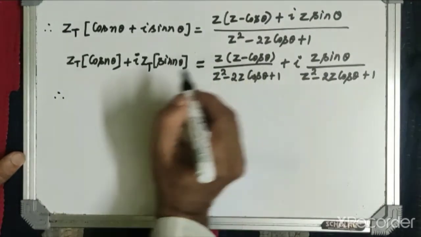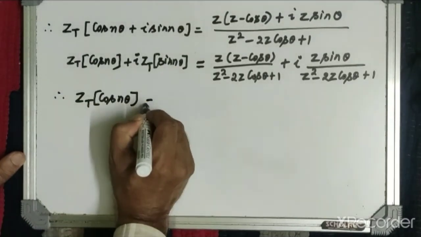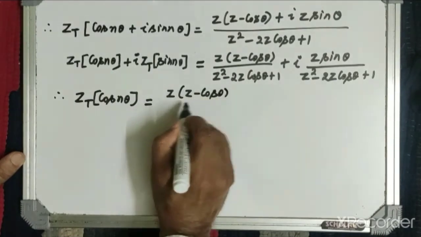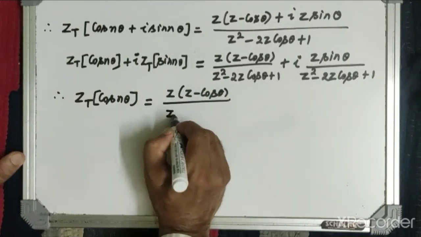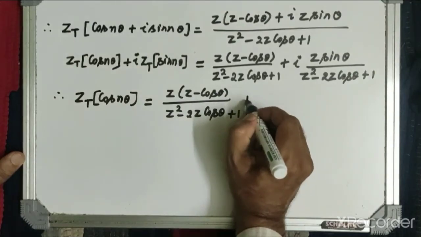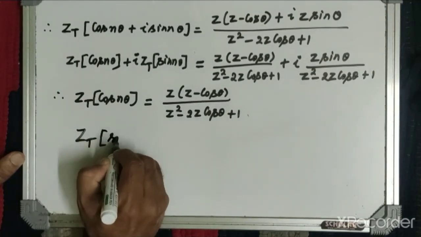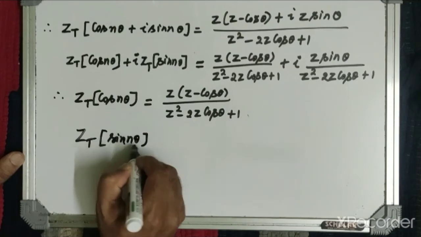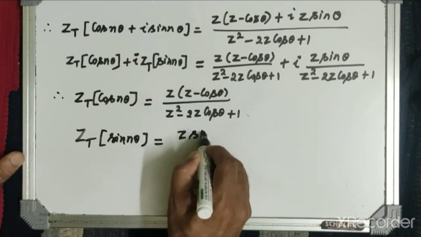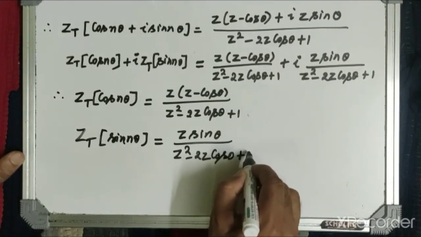So from this we obtain the Z transform of cos n theta, which is equal to the real part, z times z minus cos theta divided by z square minus 2z cos theta plus 1, and the Z transform of sin n theta is equal to the imaginary part, z sin theta divided by z square minus 2z cos theta plus 1.